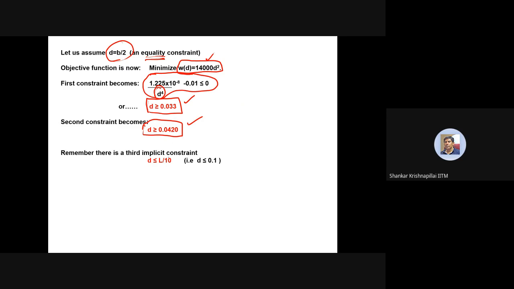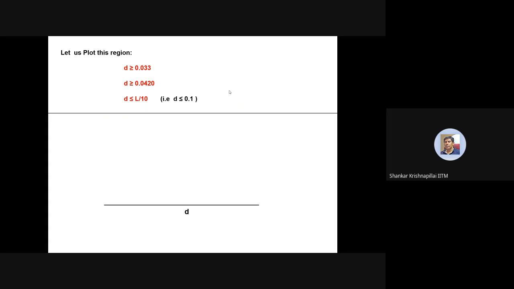And the third constraint is the implicit constraint, that is, D should be less than L by 10. L is taken as 1 meter, so D should be less than or equal to 0.1 meter. Let us plot the single variable objective function and feasible region.